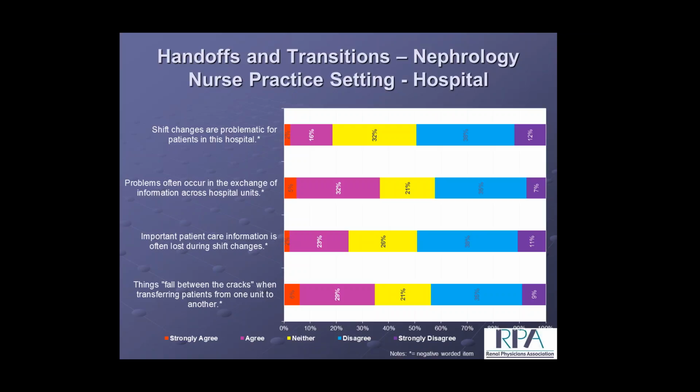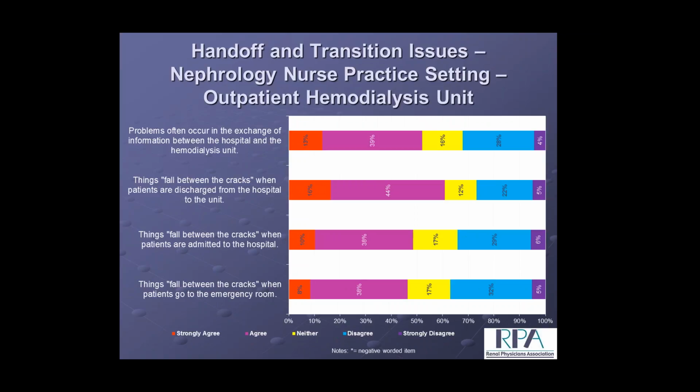Problems often occur in the exchange of information across hospital units: 37% of the nurses agreed. Important patient care information is often lost during shift changes: 25% agreed. Things falling between the cracks when patients are transferring from one unit to another: approximately 35% of the nurses in the hospital agreed.